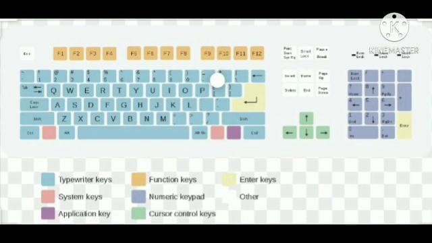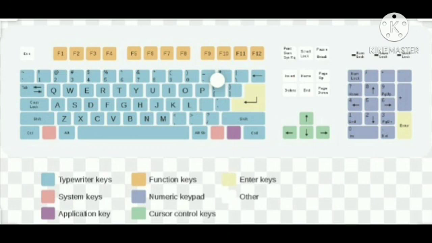For example, if you want to type the symbol at the rate, then press the shift key along with the key 2 and at the rate appears. For example, if you want to write capital letter A, then press and hold the shift key while you press the A key, the capital A appears on your monitor.